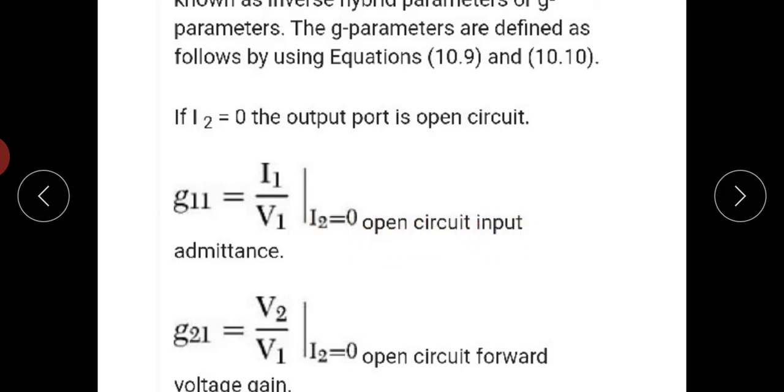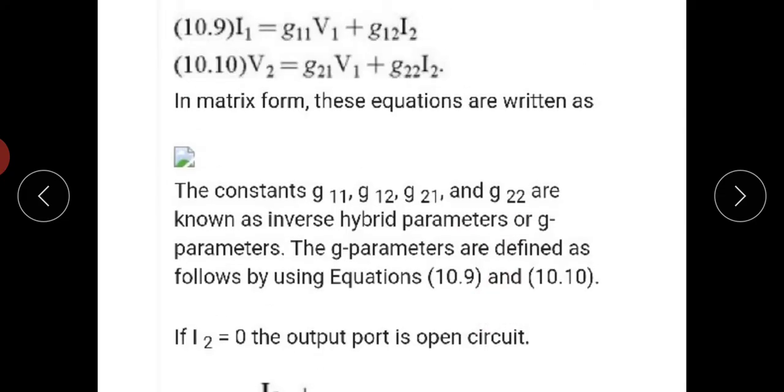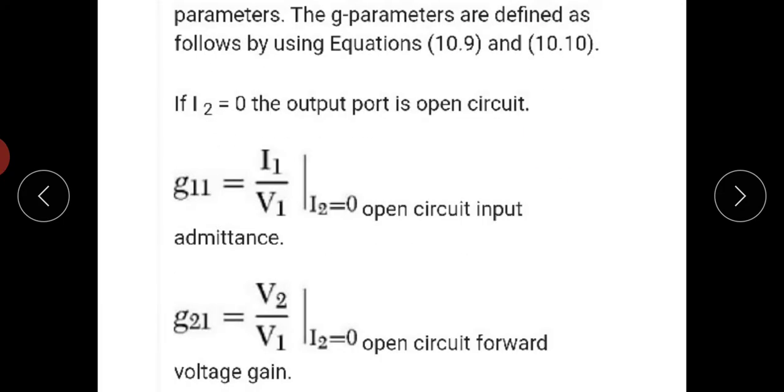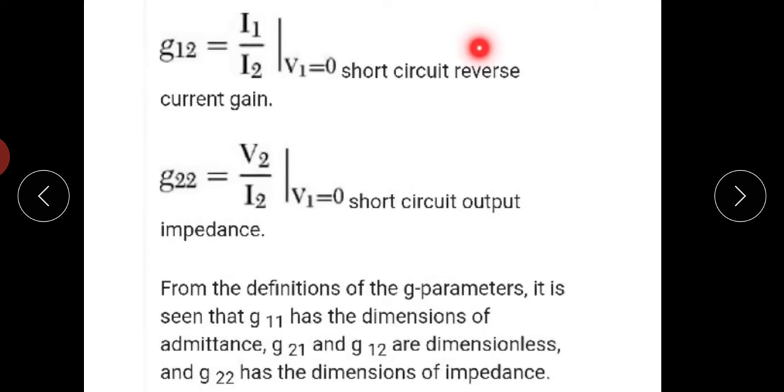Current by voltage is called admittance, so it is called open circuit input admittance. Here I1, V1 are input parameters. Similarly, substitute I2 equals 0 in equation 10.10. This equation becomes V2 equals G21 V1, so G21 equals V2 by V1. It is called open circuit forward voltage gain.